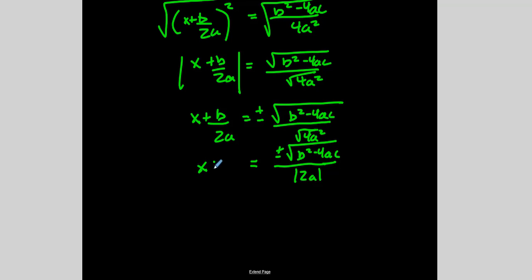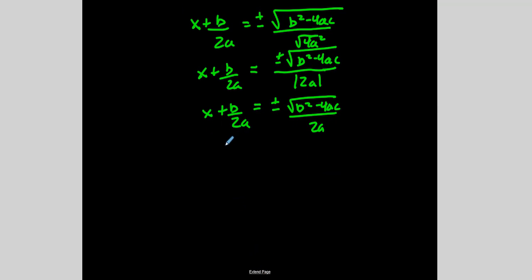So we got x plus b over 2a equals this. Well, when I remove the absolute value sign, it's going to be plus or minus 2a, but I already got a plus or minus here, so I can just keep the one plus or minus. I don't need two plus or minuses here. So this becomes the square root of b squared minus 4ac over 2a, and now x plus b over 2a equals this.